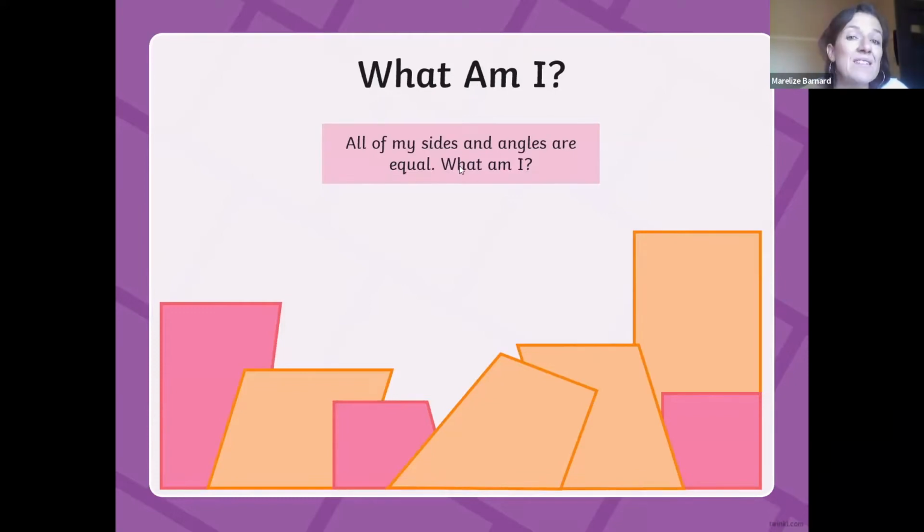The only one that fits that description is a square. Next one. All of my sides are equal and I have 2 acute angles. What am I? Rhombus. Well done, everybody. Excellent.